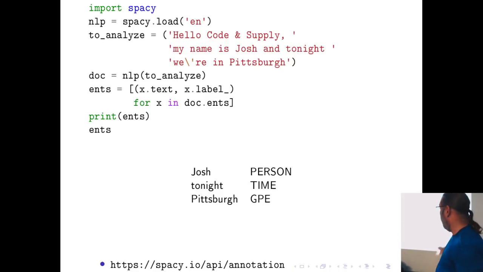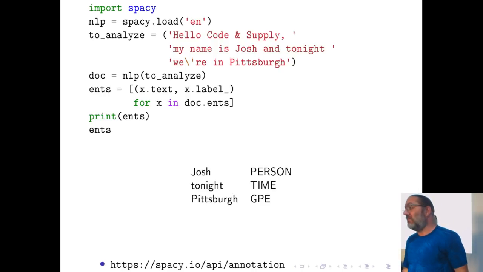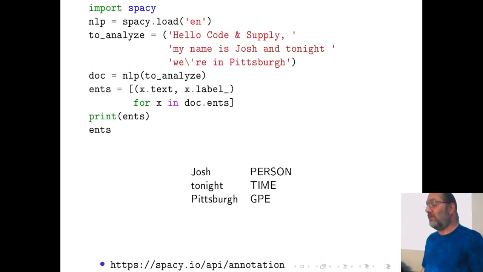Sometimes, if you say Pitt, it may pick it up as Pittsburgh. It may pick it up as nothing. It's definitely not going to pick it up as University of Pittsburgh. You would have to train it to do that. The built-in entity recognizer is pretty good. It's basically based on the Stanford CoreNLP entity recognizer and has all those entities, but it has some deficits.